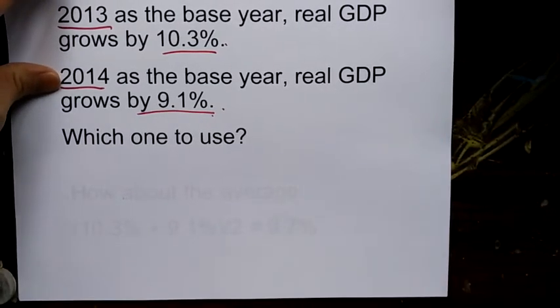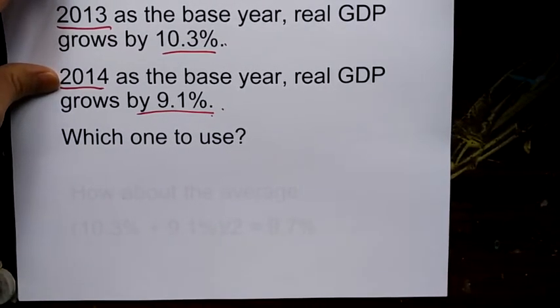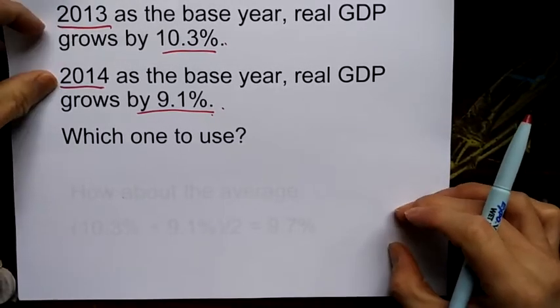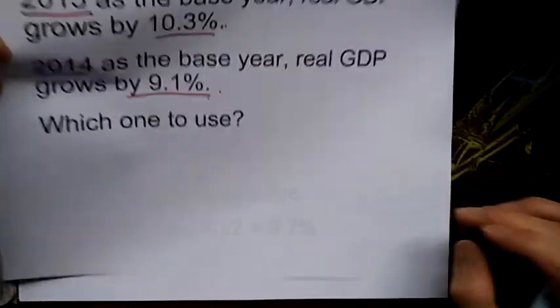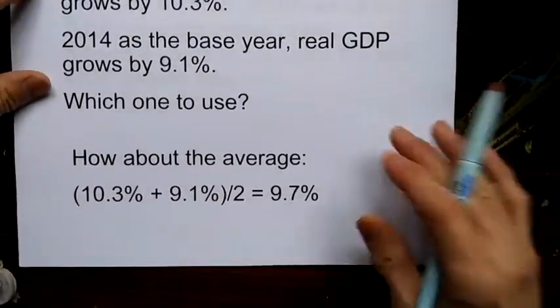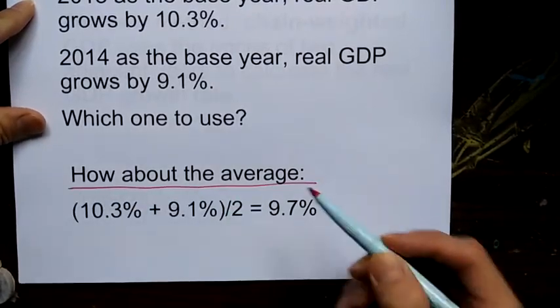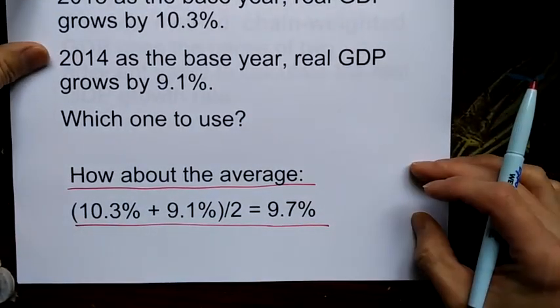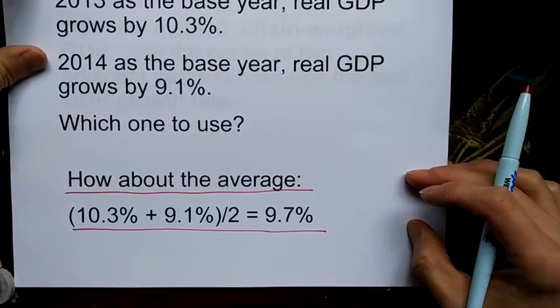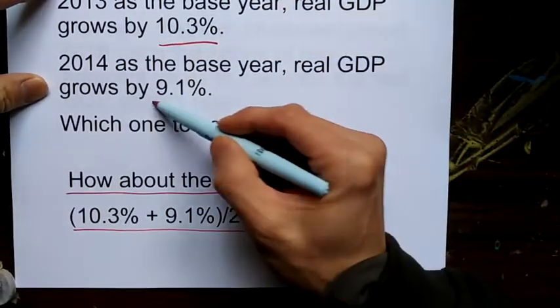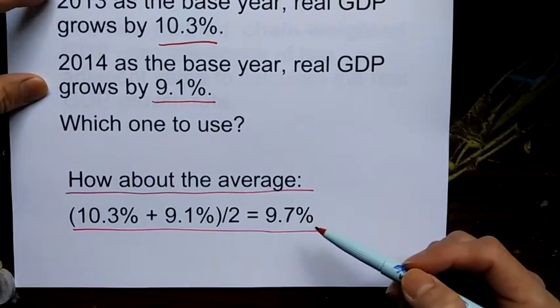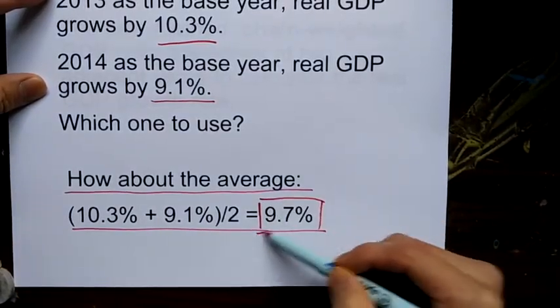If we want to take into account both 2013 and 2014 prices, what should we do? The answer is, how about take the average? That is, we take an average of 10.3% and 9.1% and get 9.7%.